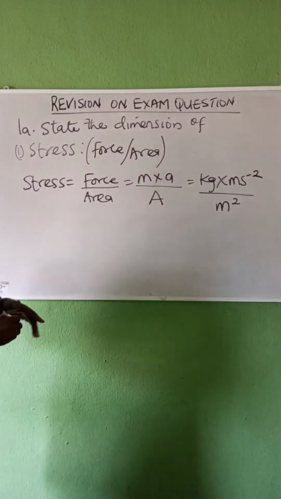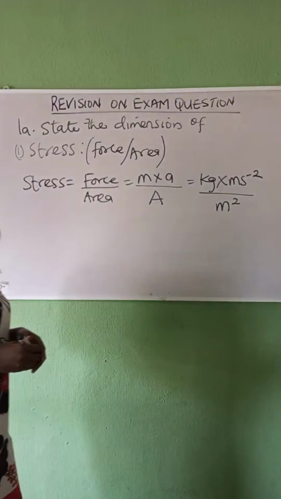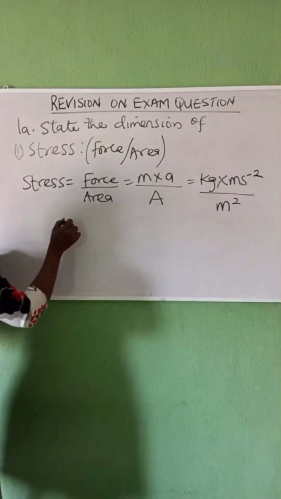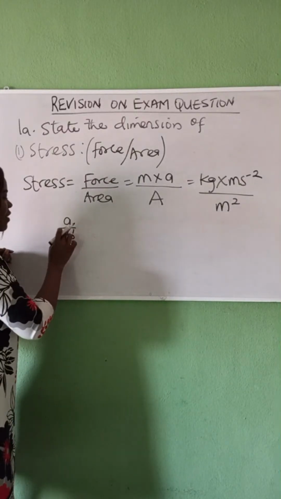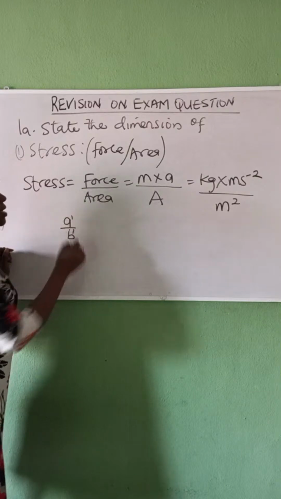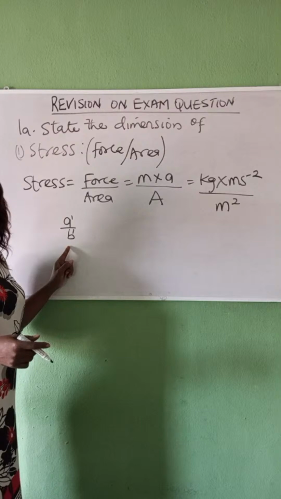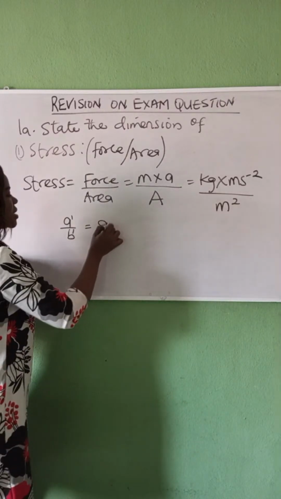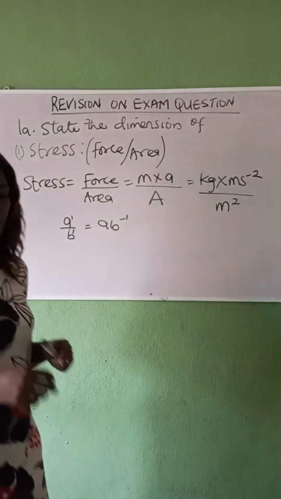Now, if I decide to carry this up, remember it is the denominator. From the laws of indices, A over B: this B has an invisible power of 1, and this A equally has an invisible power of 1. Now, if I want to carry it up, it's going to have a negative sign, so this is B to the power minus 1. Is that clear? All right.